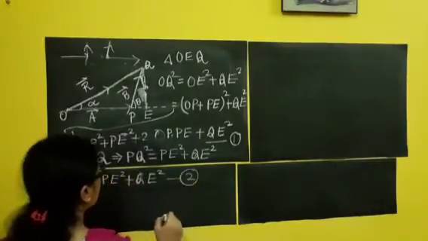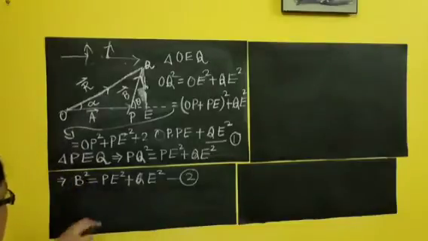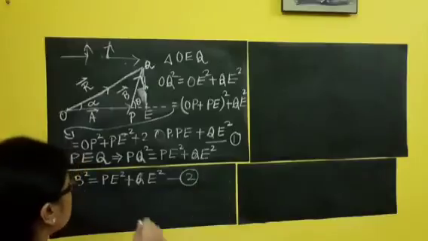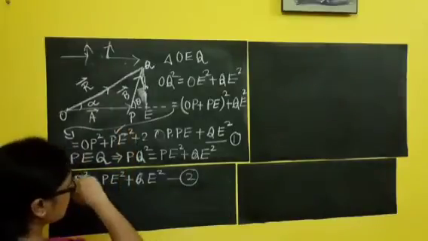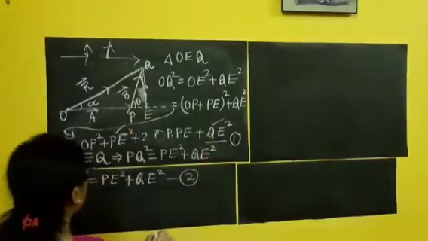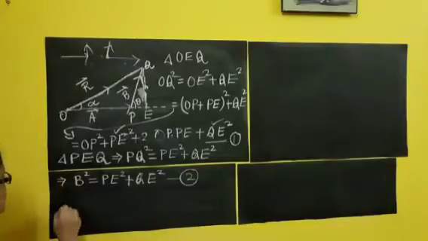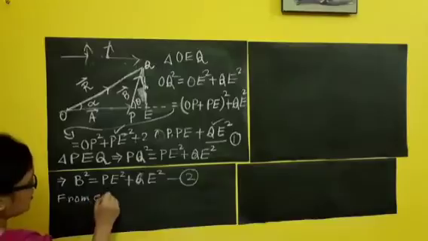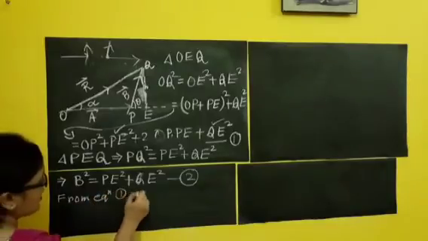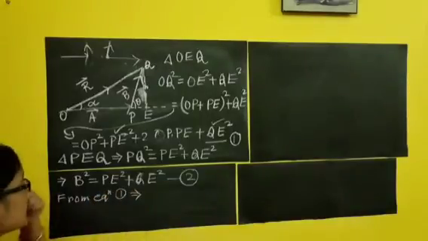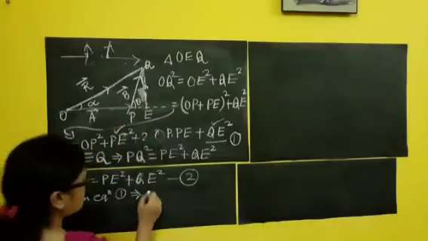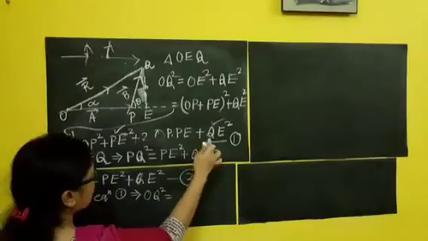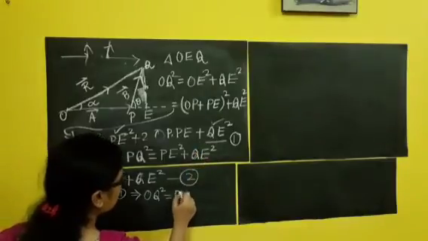Now coming for equation number 1. See, here I am having PE square, here I am having QE square. See properly. So therefore from equation 1, what can I write? OQ square equals this together makes what? B square.